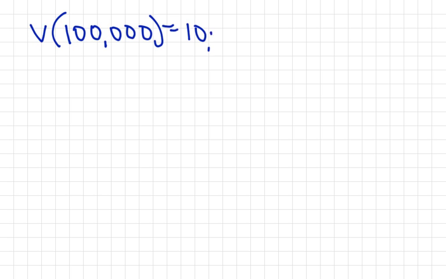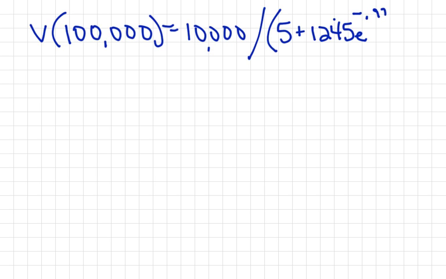So I'm going to do 10,000 divided by parentheses 5 plus 1245 e to the negative 0.97 times 100,000, and then close the parentheses. What you're going to find out is that it ends up being about 2,000. So eventually 2,000 people will be infected.